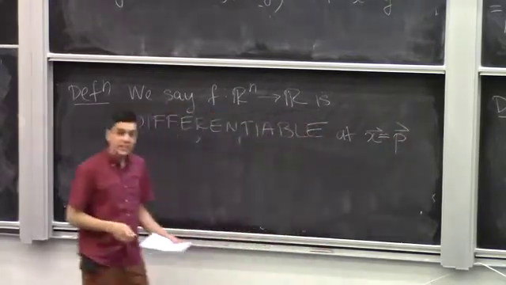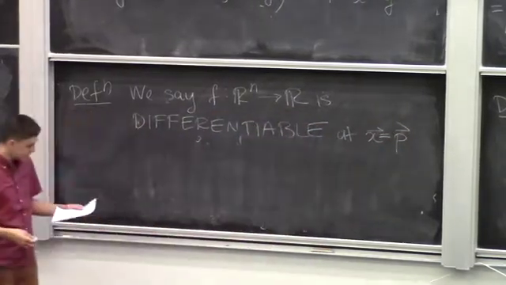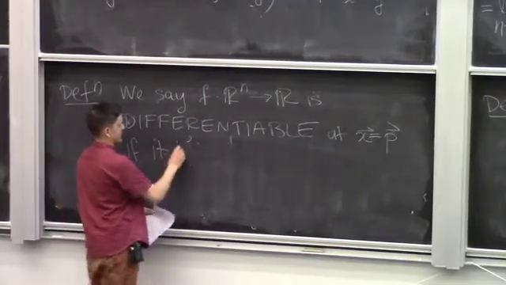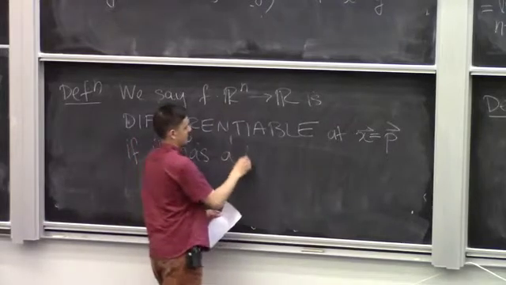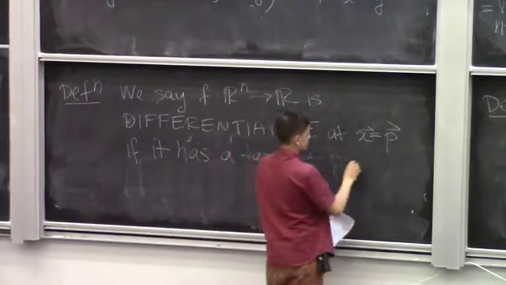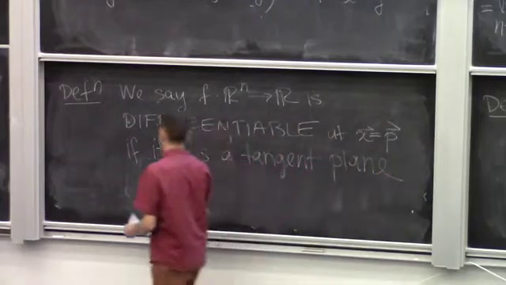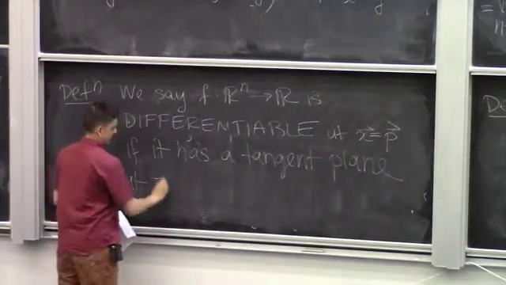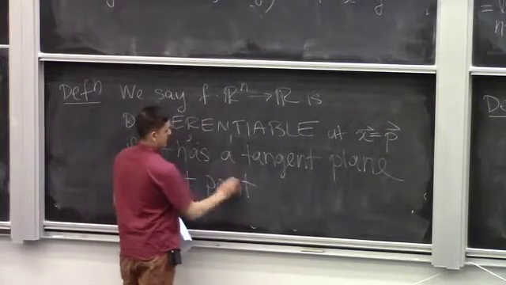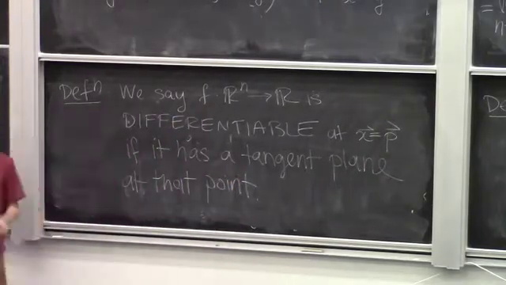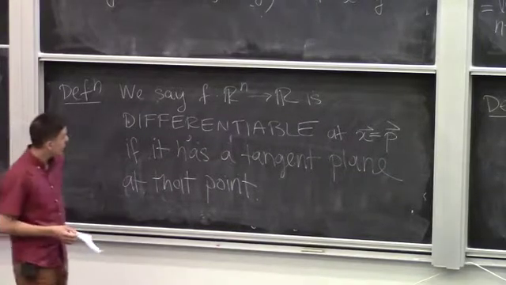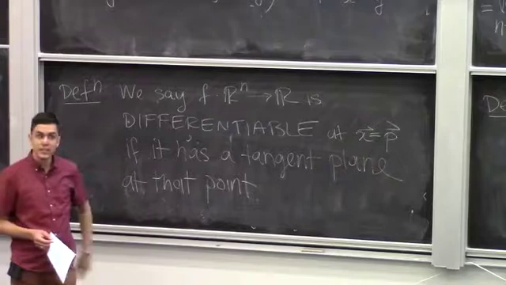Okay, we say that something is differentiable at a point if there's a tangent plane to our function at that point. Okay, so what does that mean, having a tangent plane?